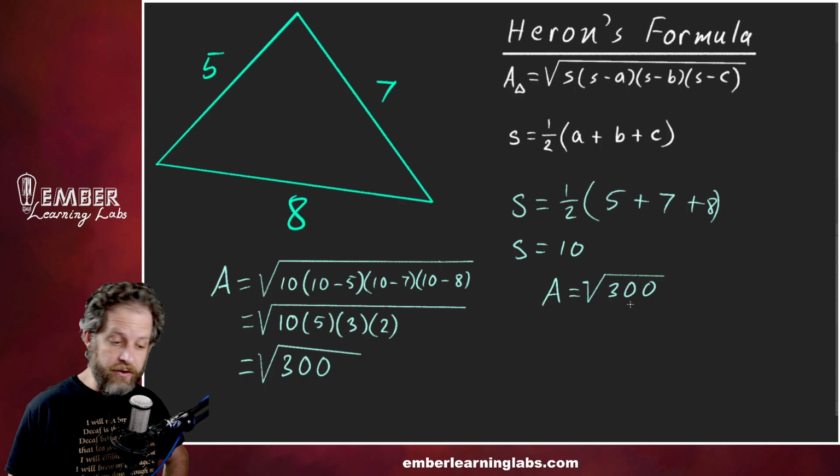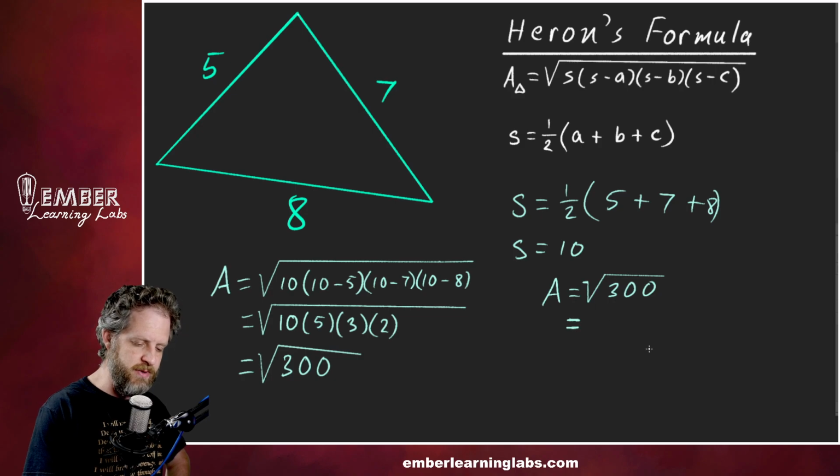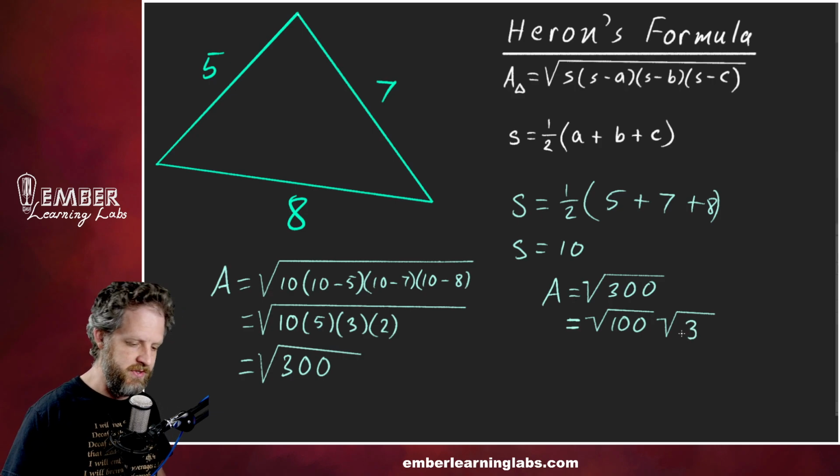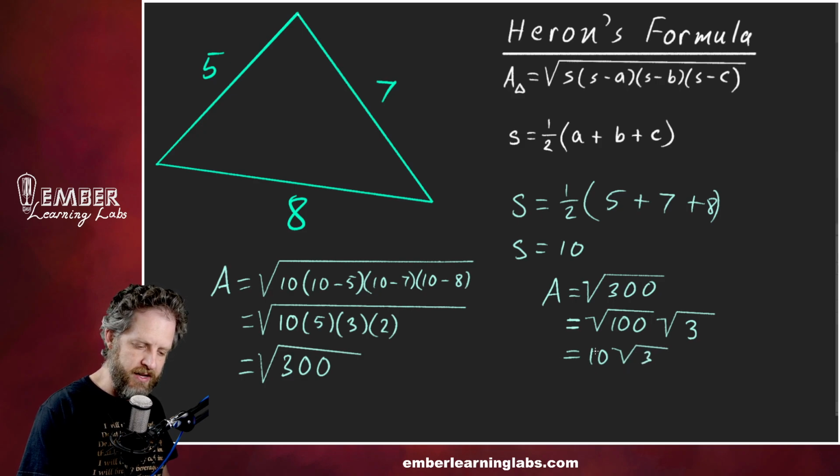We're looking for perfect squares here. The square root of 100 is 10, so that's easy peasy. So we can split this into the square root of 100 times the square root of 3. You've seen this before. The square root of 100 is 10, so this would be 10 times the square root of 3 in exact terms.